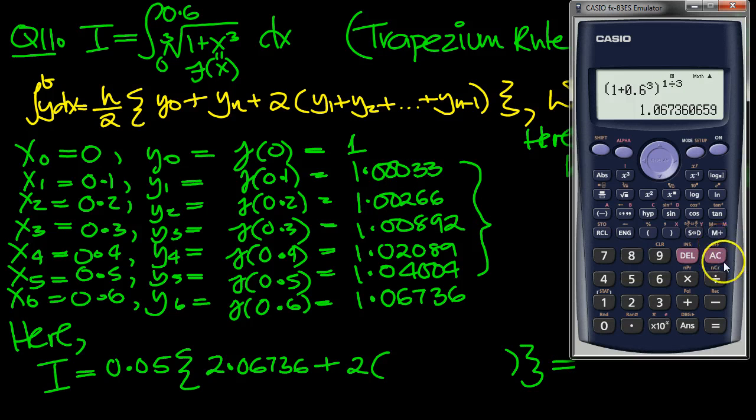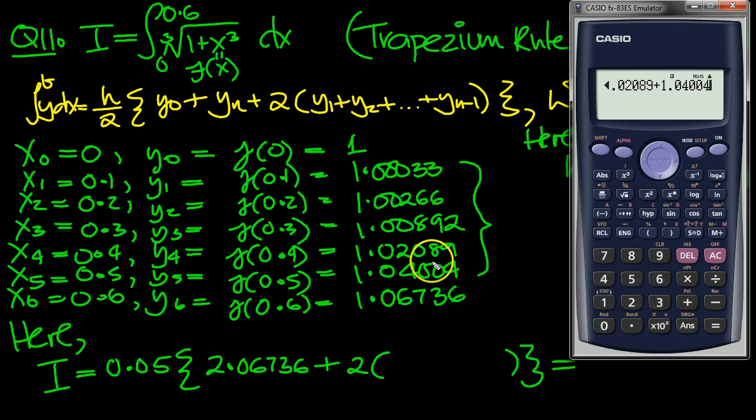So we're going to add these up then. 1.00033 plus 1.00266 plus 1.00892 plus 1.02089 plus 1.04004.